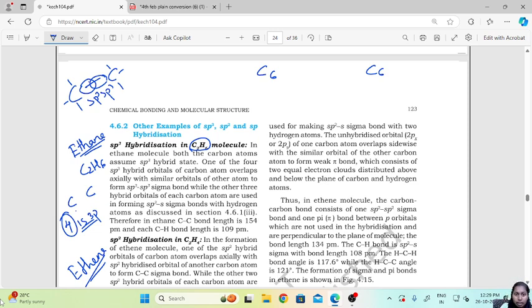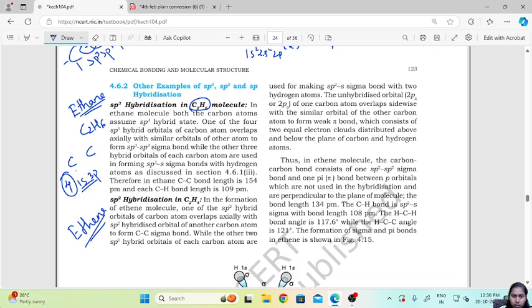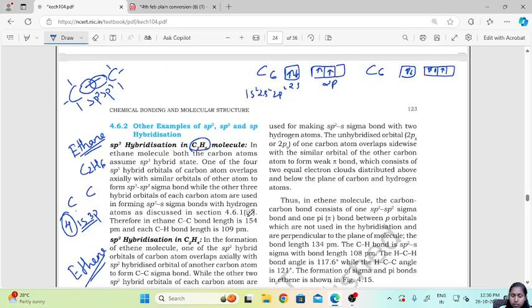So, when you have a hybridized orbital, initially carbon will have 2 electrons in the 2s orbital and 2 electrons in the 2p orbitals. Yes or no?